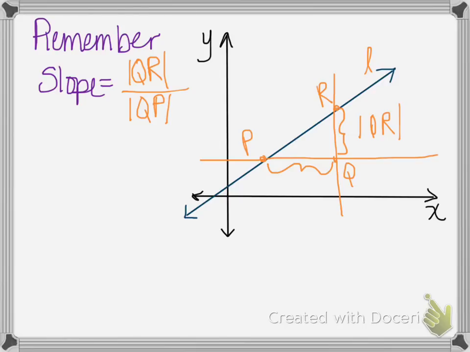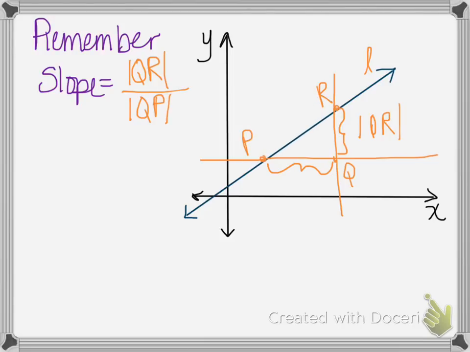So if a line is very steep, it's going to have a lot of vertical change for a little bit of horizontal change, which, you know, from fractions or ratios, when this number gets really big and this one is smaller, this overall number is bigger. So the steeper slopes have a bigger number, which is why we're defining it as this ratio.